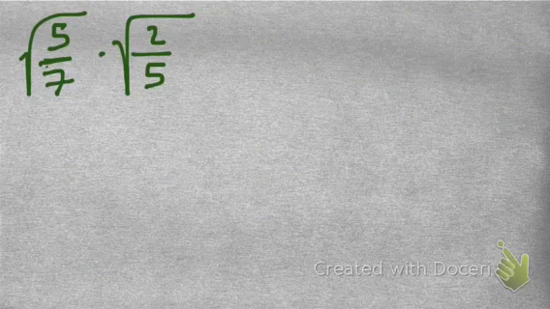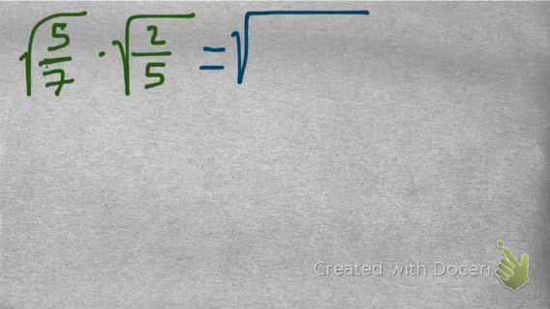Again, we have two fractions under radicals getting multiplied. And I'm going to write one big radical with my insides multiplied to each other.